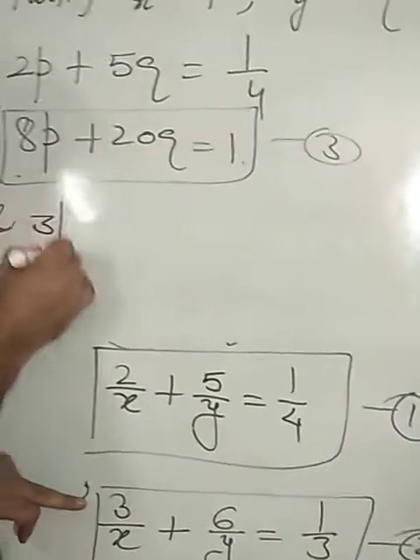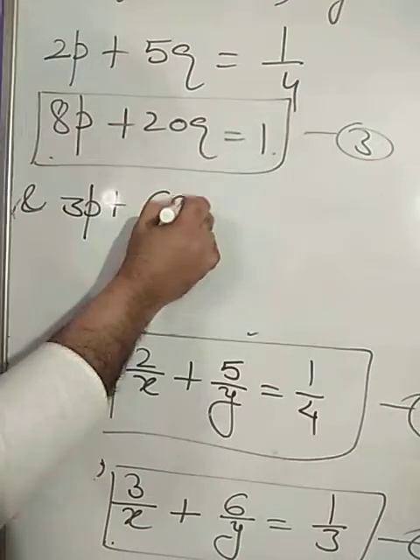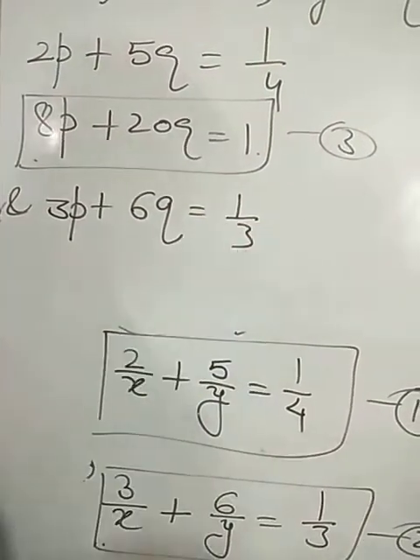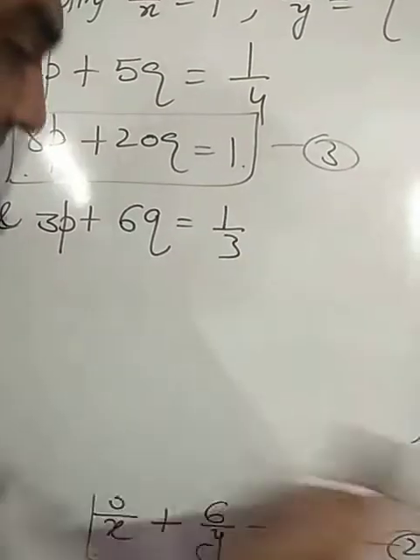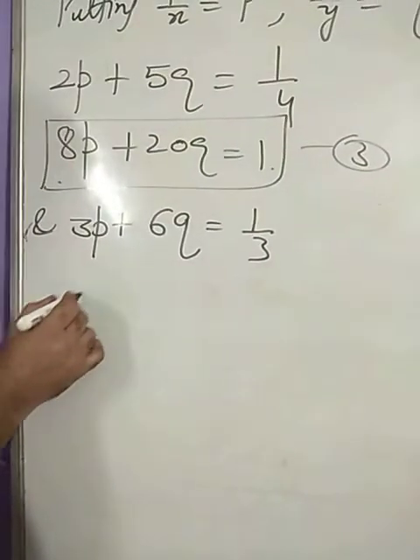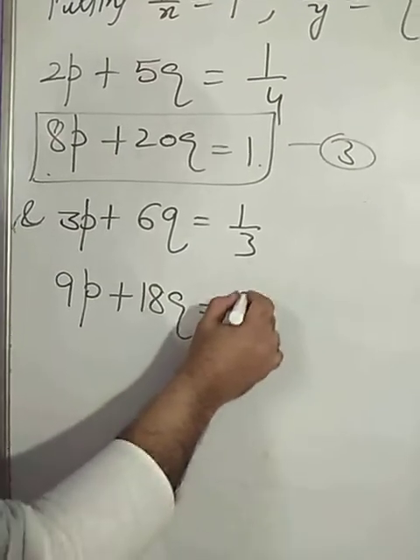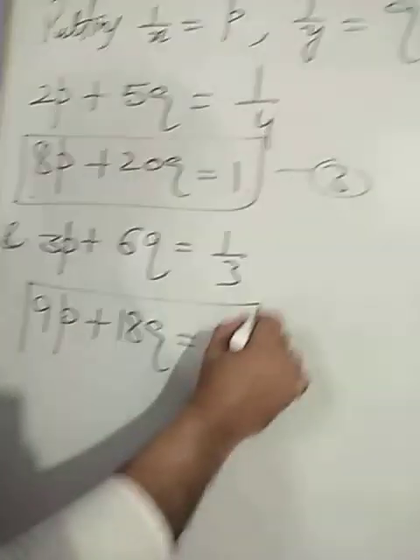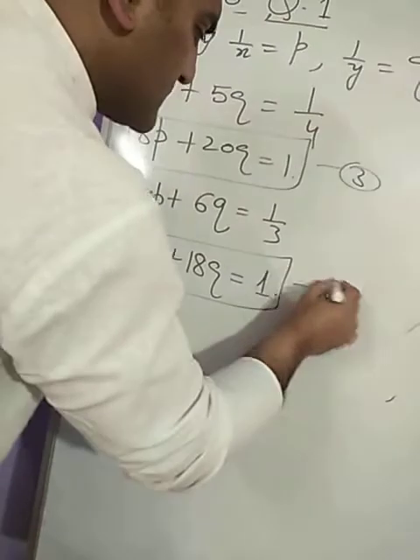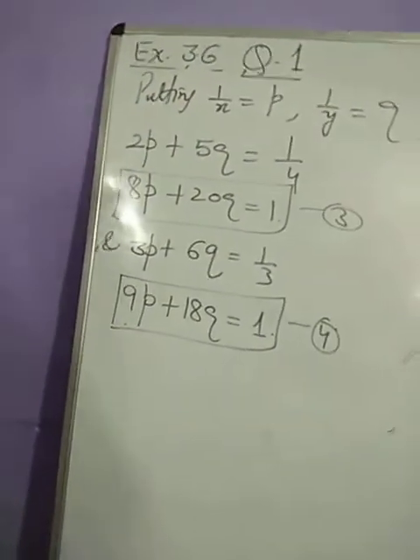This is 3P plus 6Q equals 1 over 3. Cross multiply this 3 to this side. This is 9P plus 18Q equals 1. This is our equation number 4. Let us solve 3 and 4.